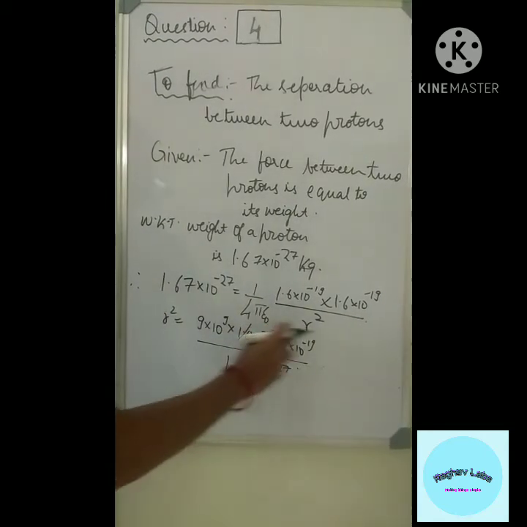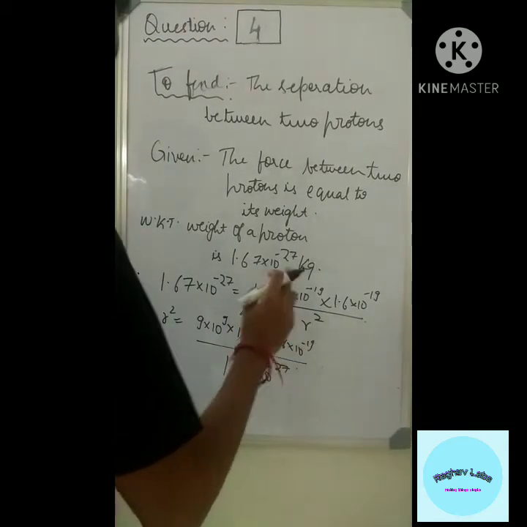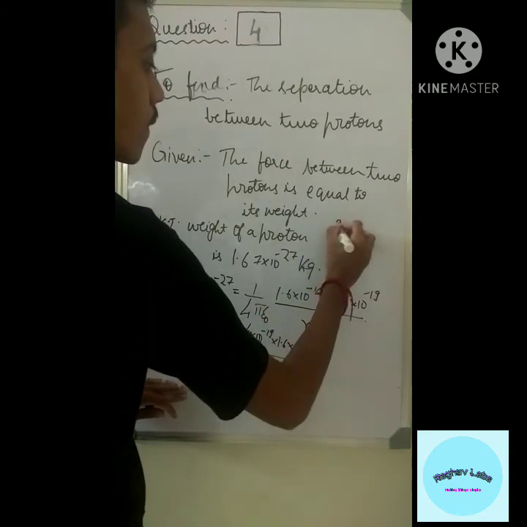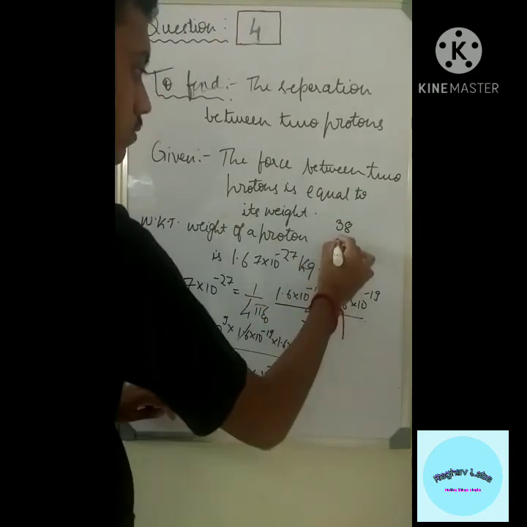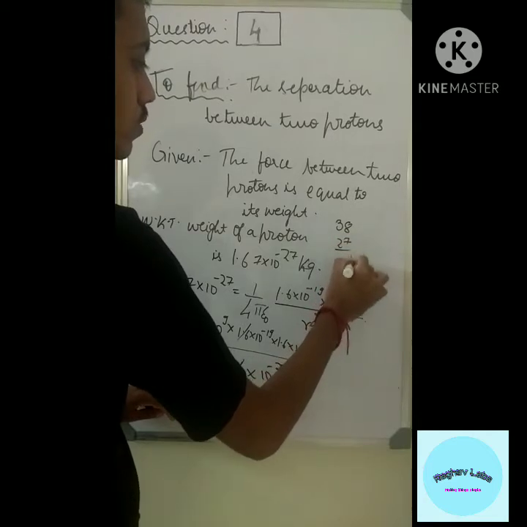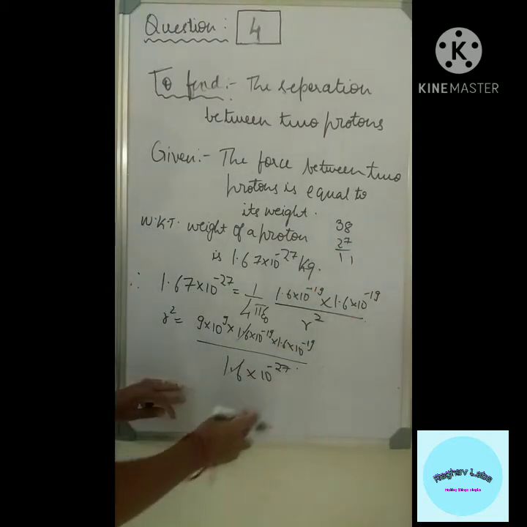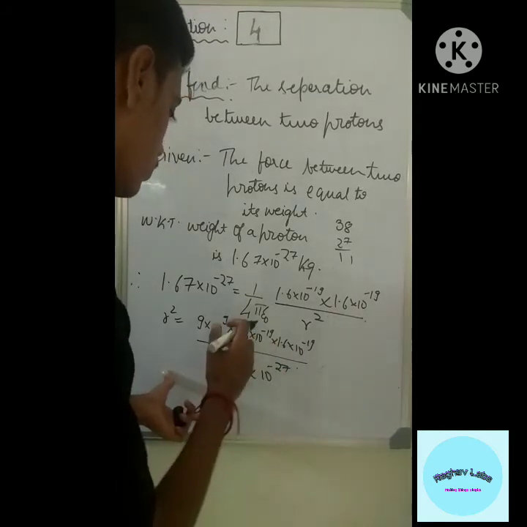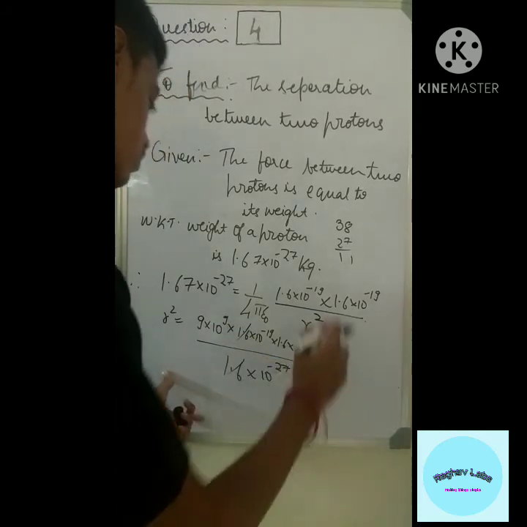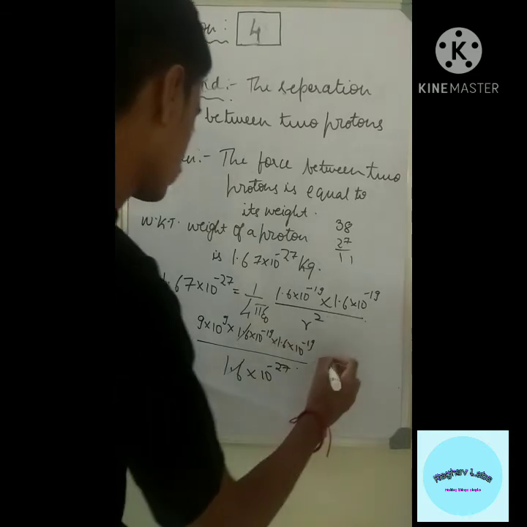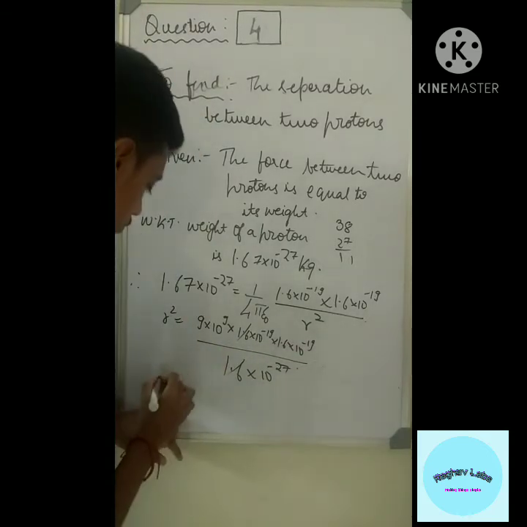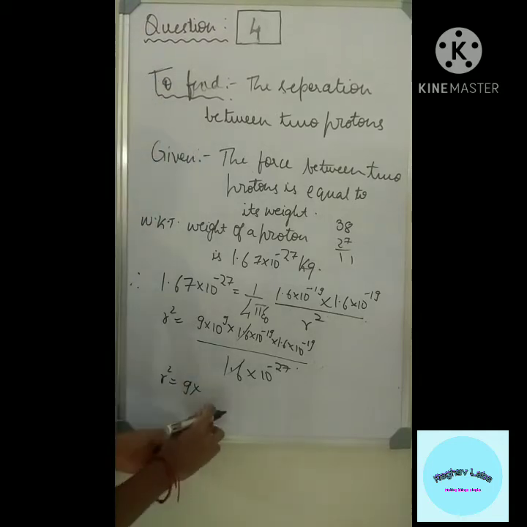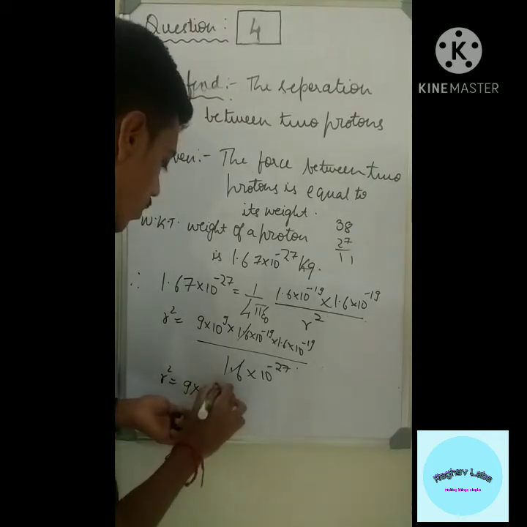So 1.6 gets cancelled, and 1.6 into 9 remains. 1.6 into 9 is 14.4. Wait one minute, r square is equal to 9 into 10 to the power of 9.